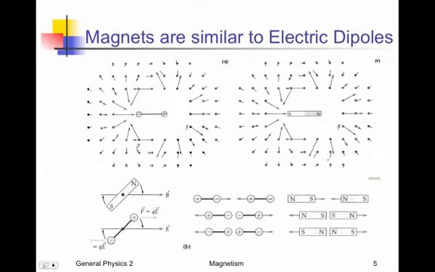The other thing that's interesting is just as a dipole experiences a torque in an electric field, if the dipole, the direction along the line connecting the charges, isn't aligned with the field, it experiences a torque to go into that position, so that its line connecting the charges is along the field line. The same thing is true of a magnet. My magnet experiences a torque that wants to turn the magnet so that the length of the magnet is aligned with the field lines.